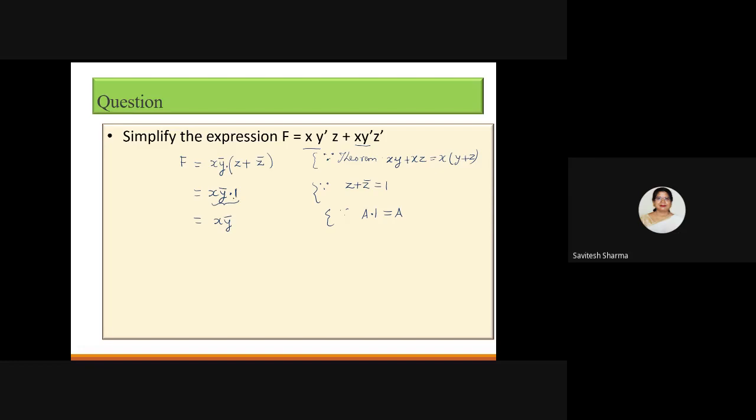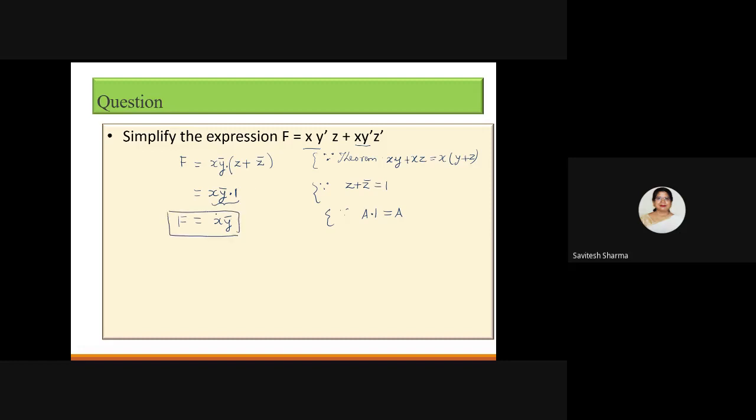Because the 1 is also an input there, you are using the identity theorem for the dot operation: a dot 1 is equal to a. Based on that, x y bar dot 1 is equal to x y bar. Now further you cannot simplify. So this is my final expression.